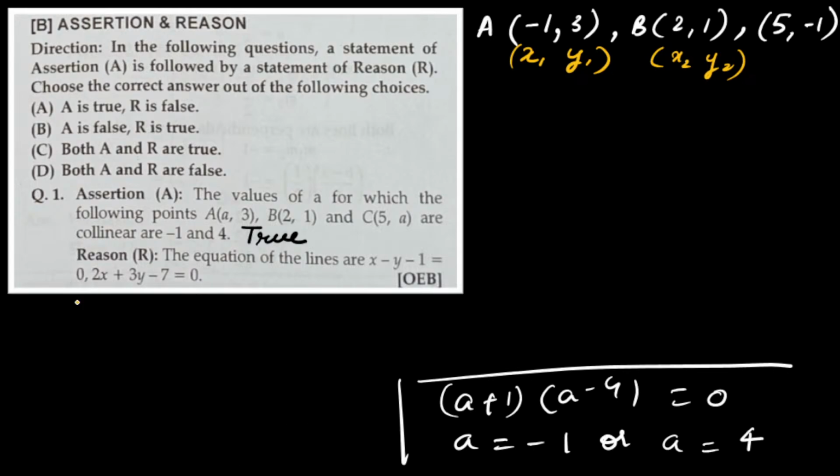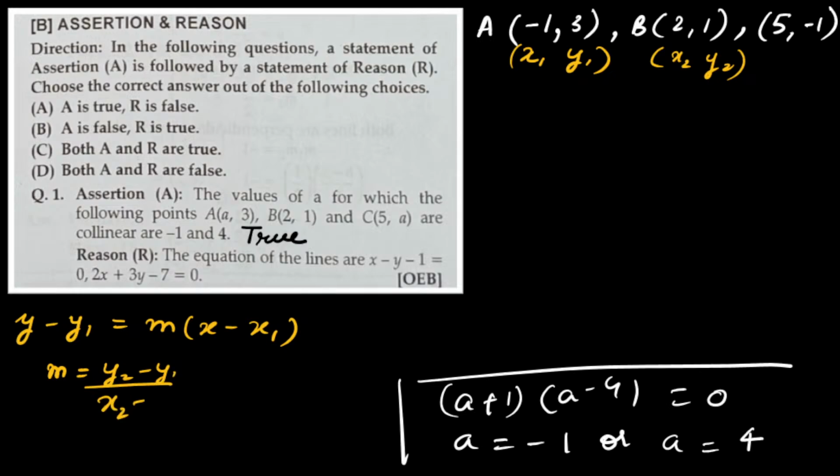So what's the point form of equation? This is y minus y1 is equal to m into x minus x1. So this is the form. We need m also. m we can find by using the slope formula. So m is equal to y2 minus y1 by x2 minus x1.